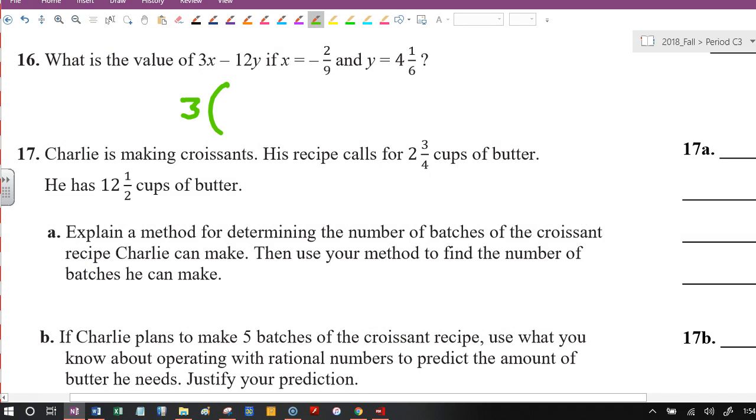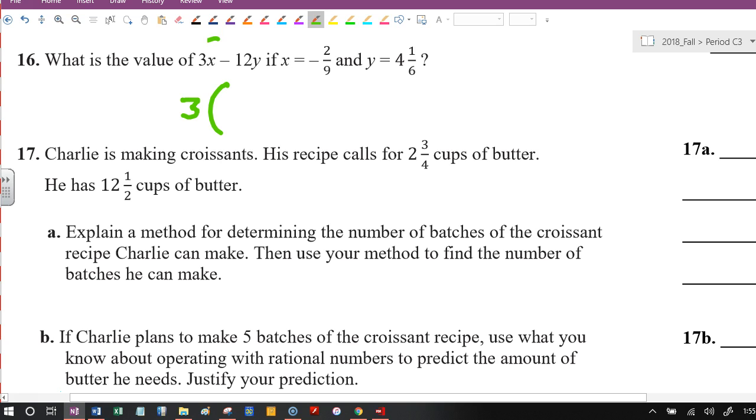So you're supposed to multiply x by 3. So since x equals negative 2 ninths, you need to multiply the 2 by 3 to get 6 ninths. But we are writing out the whole thing with the number substituted in parentheses. So please read it to me that way.